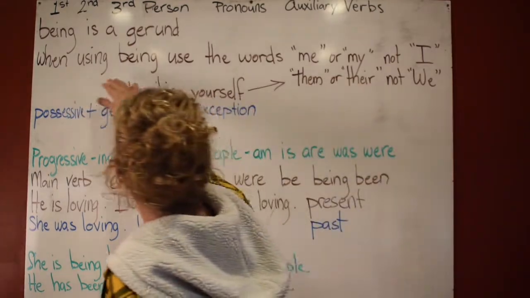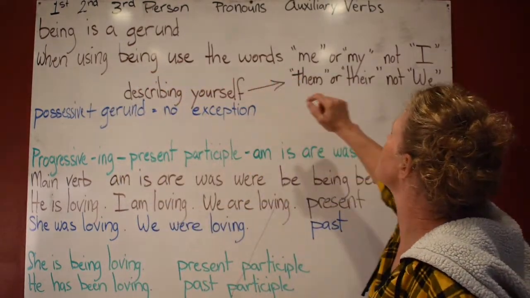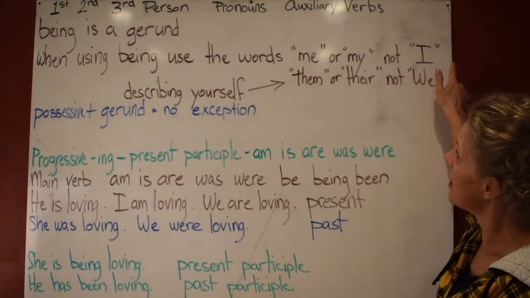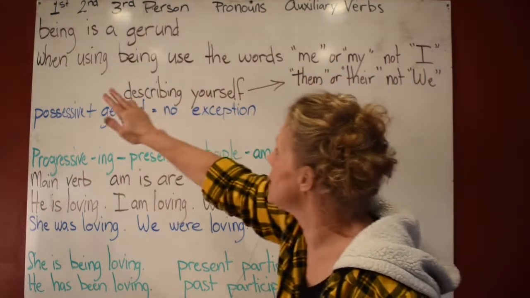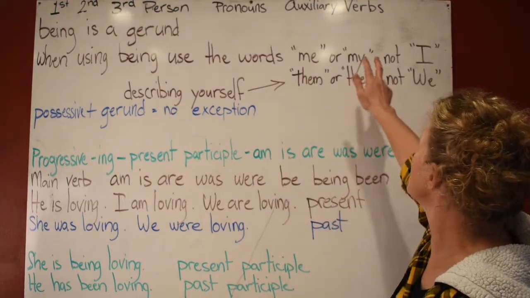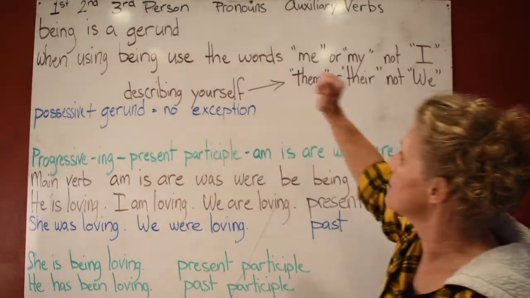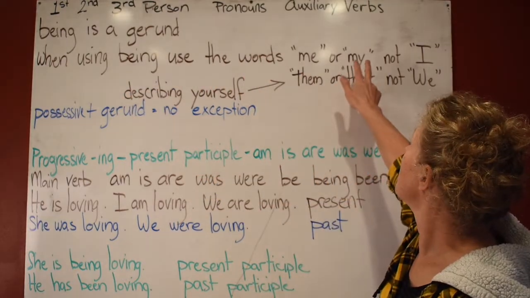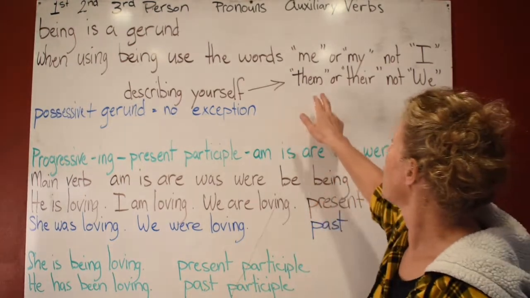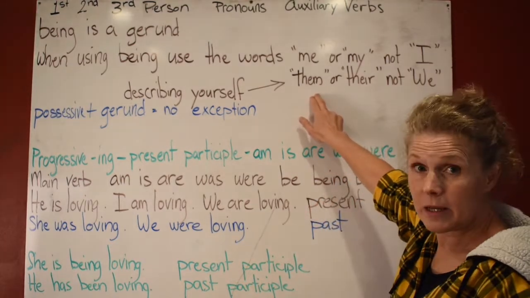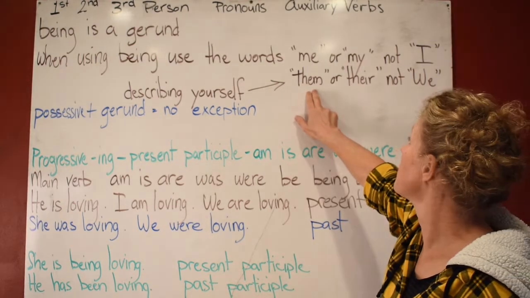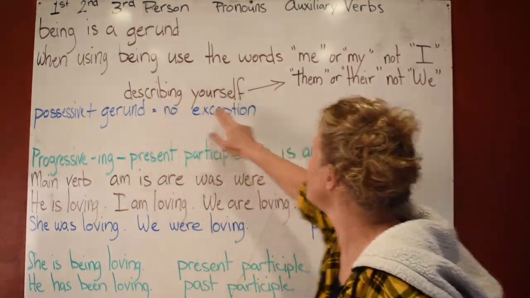All right, so when using being, use the words me or my, not I. You're going to go me being, so you're describing yourself. Or you're going to do my being. If you do my being, it's a gerund, right? So them being, them would be your subject. This is the only time you do that.